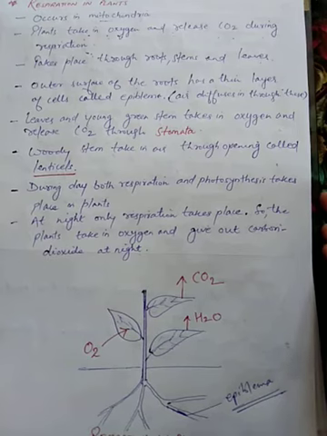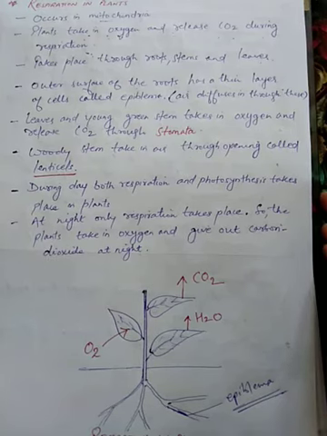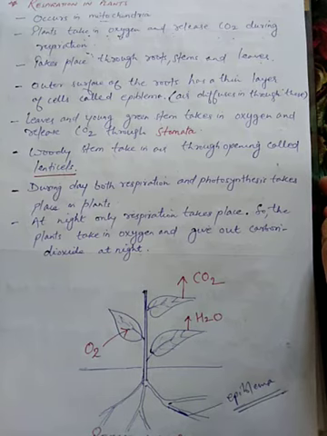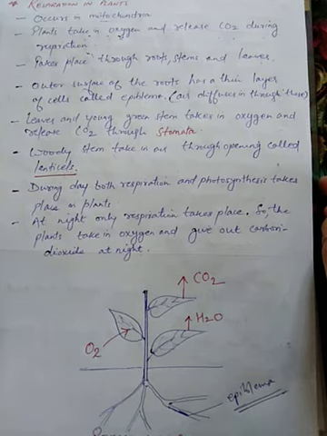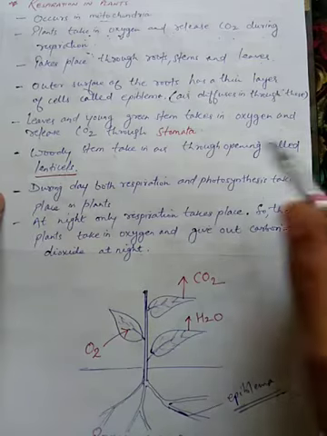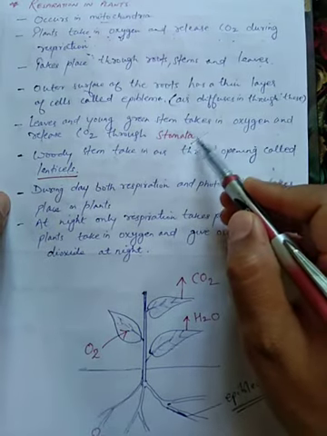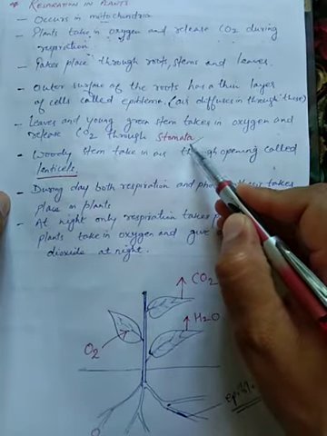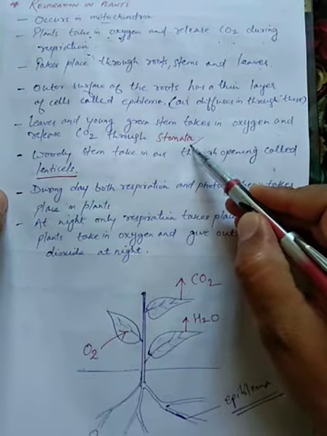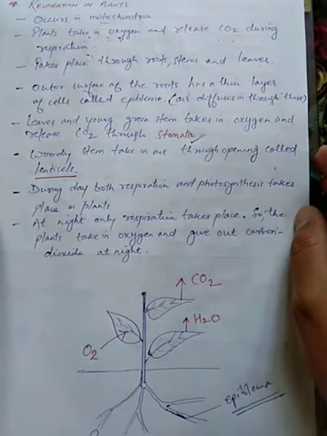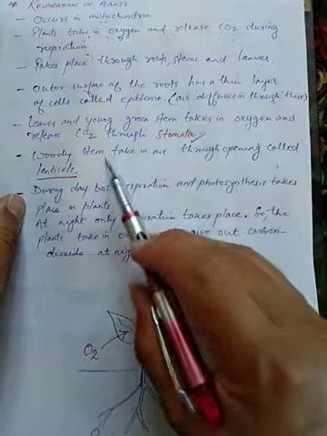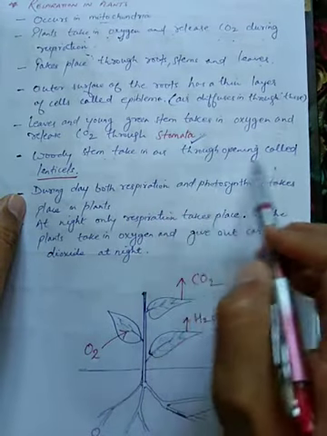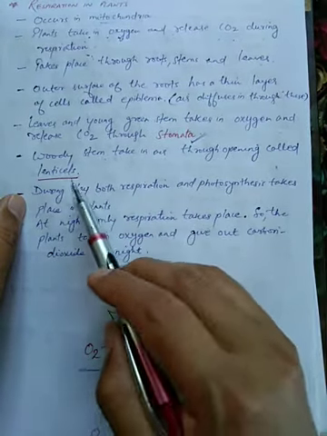In the leaves and young green stems, they take in oxygen and release carbon dioxide through stomata. Again and again this word is being repeated. It is very important. Woody stems take in air through openings called lenticels.